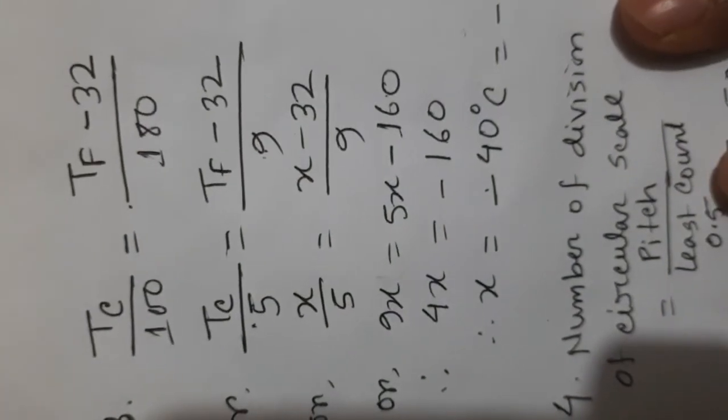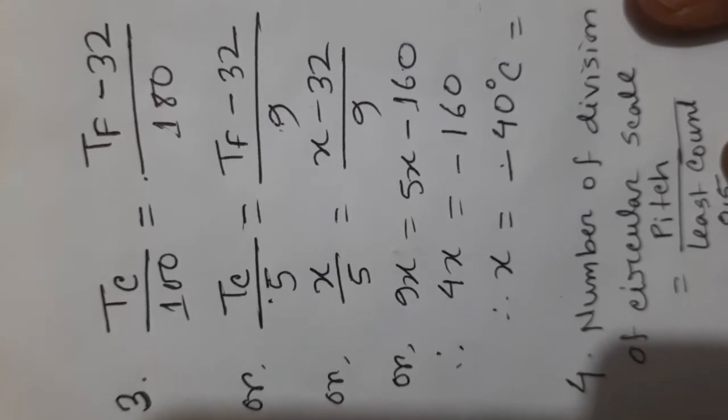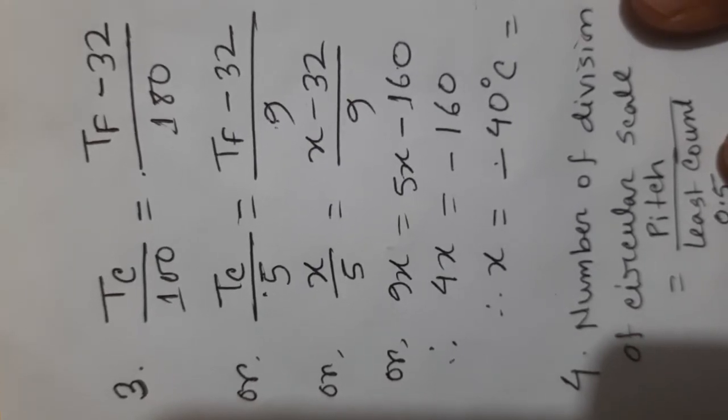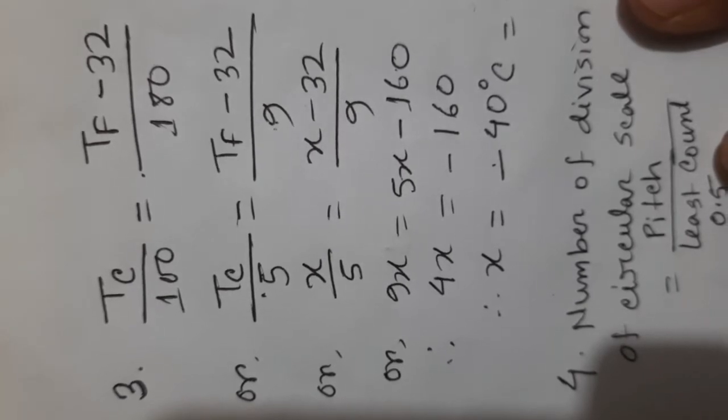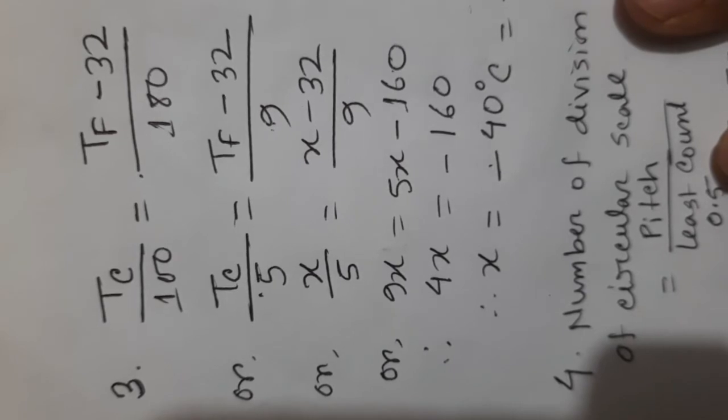Question number 3: at which temperature is the Celsius and Fahrenheit scale the same? The answer is B, minus 40 degree Celsius. The discussion is, we know that Tc by 100 equals Tf minus 32 divided by 180.